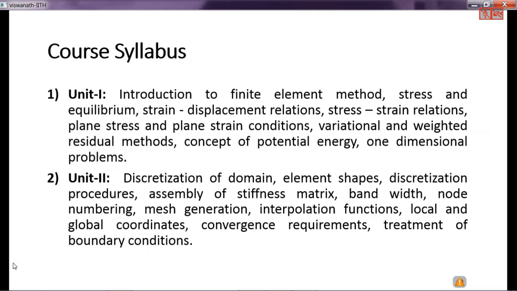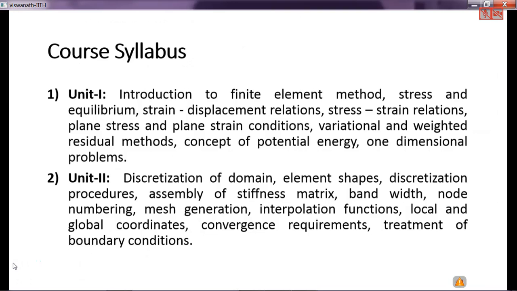The rate of change of momentum is equal to inertial forces. But when you don't have inertial forces, it is called equilibrium. When you have inertial forces, then it is called equation of motion. So I will talk about both equilibrium condition as well as equation of motion in the subsequent classes.